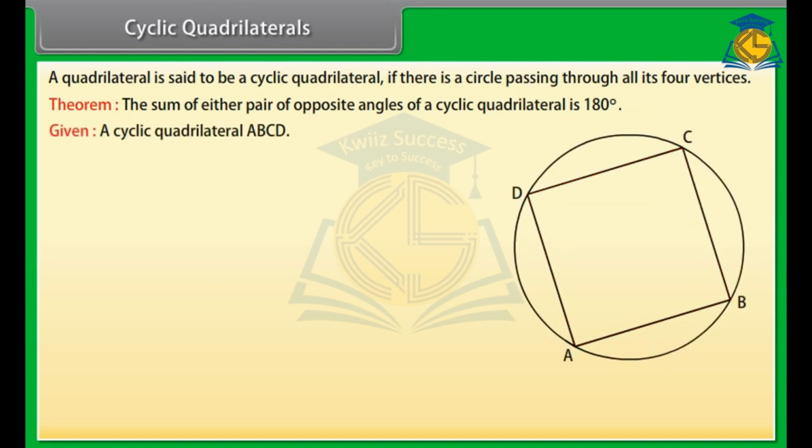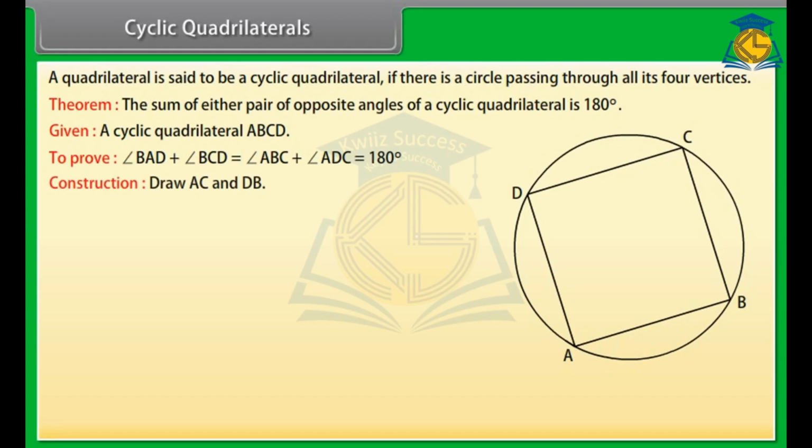Given a cyclic quadrilateral ABCD. To prove: angle BAD plus angle BCD equals angle ABC plus angle ADC, which equals 180 degrees. Construction: Draw AC and DB.